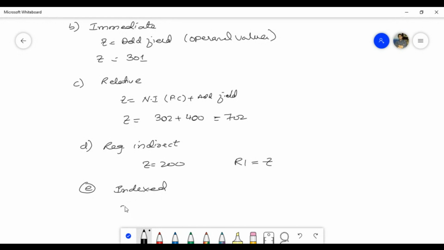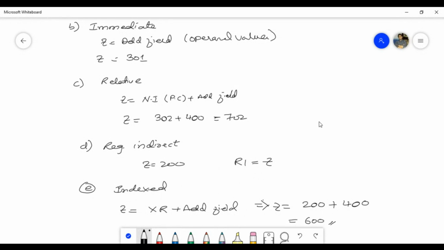Index is nothing but Z equals XR, that means the given register R1 plus the address field. So Z equals XR is 200 in R1, and the address field is 400. It is 600. So this is the addressing mode.